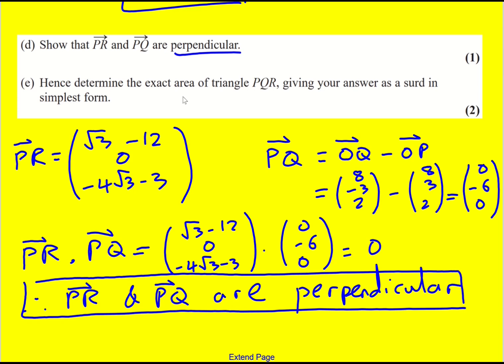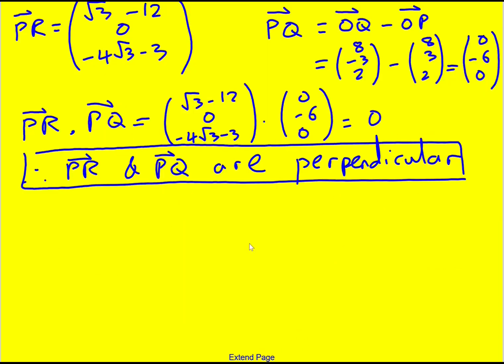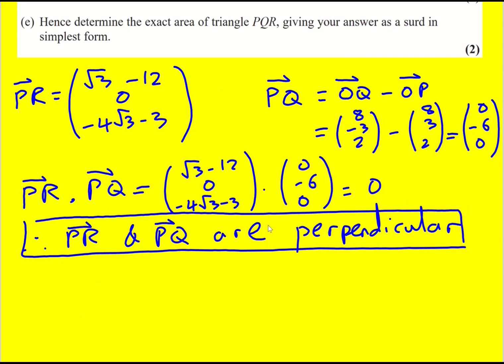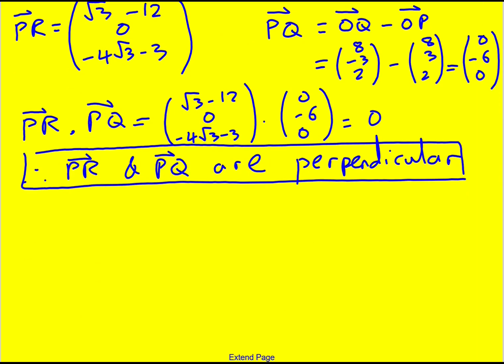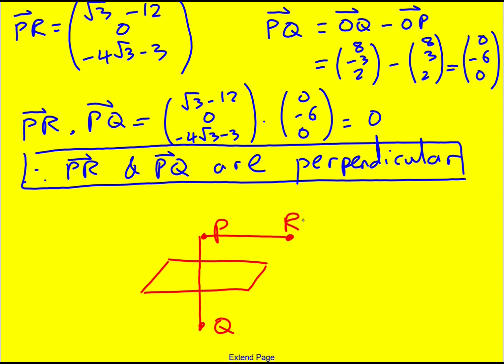Finally, hence determine the exact area of triangle PQR, giving our answer as a surd. So just a reminder, we had P up here, and then we had Q down here because it was a reflection. And we've just shown that PR and PQ are perpendicular, so R is going to be going along here, and this is our triangle.